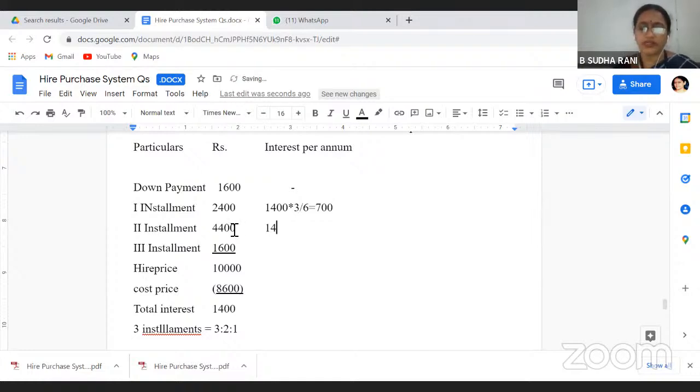And for the second year installment interest amount, again 1,400 into 2 by 6. So the second year installment interest is how much? 467. And the third year installment, are you following? Please respond.